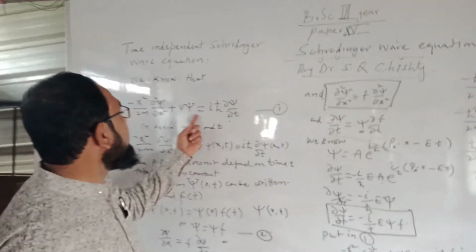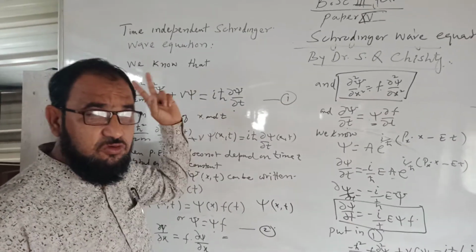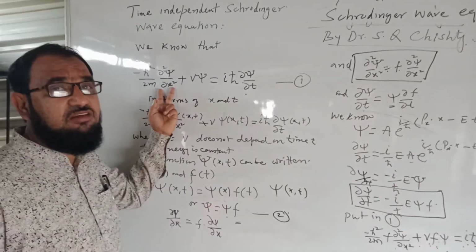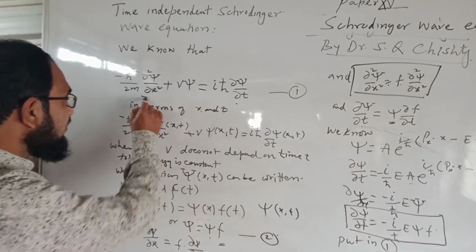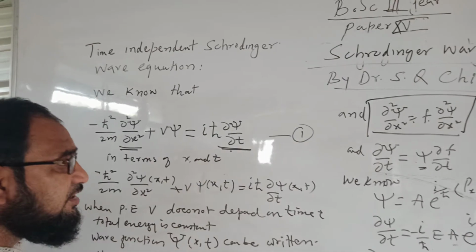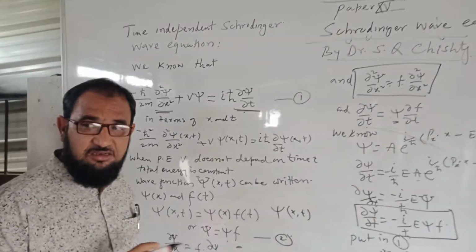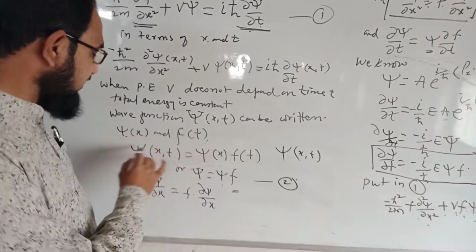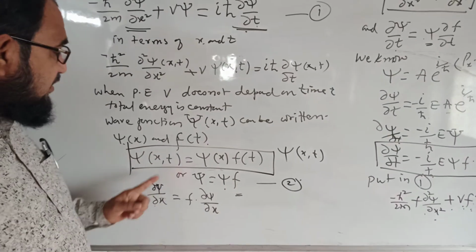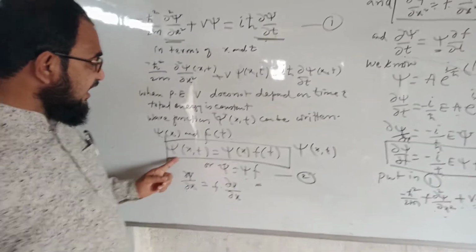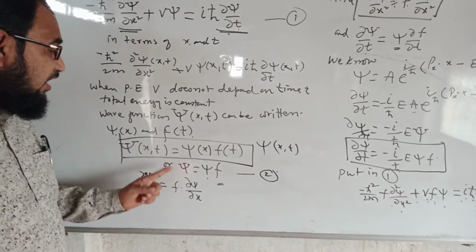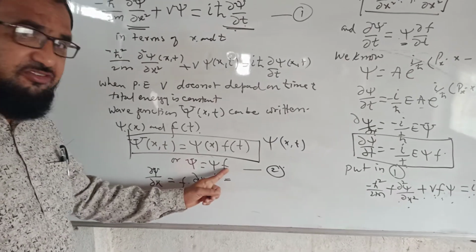So what I have done here, remember that in the time dependent Schrodinger equation, in this Schrodinger equation we calculated the value of ∂ψ/∂t by using the function ψ as a function of ψ(x) and f(t), or simply we can write ψ is equal to ψf.